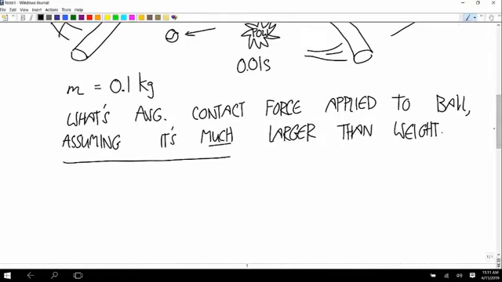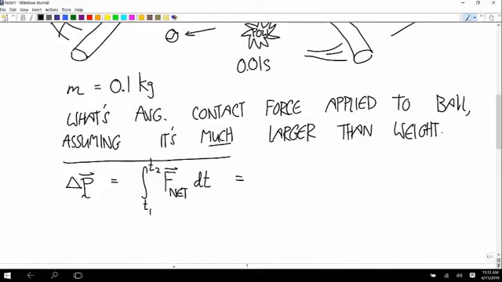Okay, so the first thing we have to do is, we're going to use the impulse momentum equation that says the change in linear momentum is equal to the integral of F net dt. And the really useful fact we're going to use is that if you're only concerned with the average force, that net force is going to change.